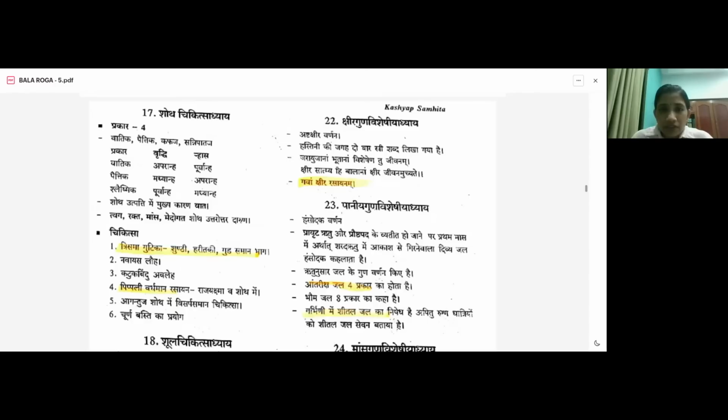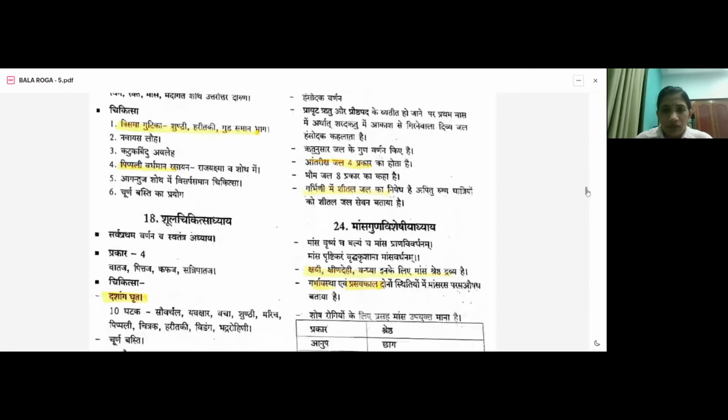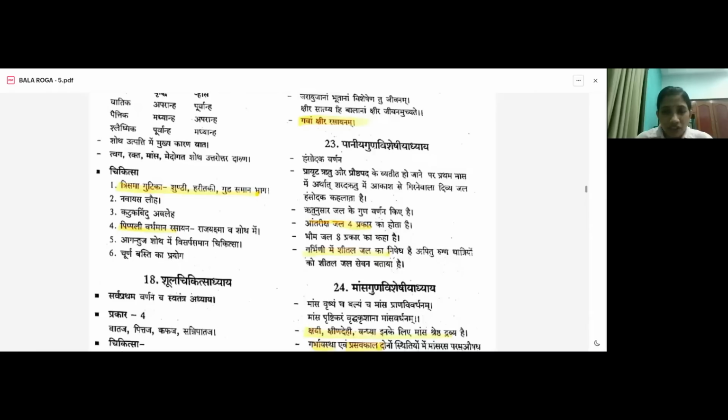Next, the chapter is Shali Guna Visheshiya Adhyayam. Here, 8 types of Shali are explained, and which is the best Shrestha Shali, Gavam Shali. So, Gavam Shali is known as Jivana. Okay. And also, the next chapter, Paniya Guna Visheshiya Adhyayam.